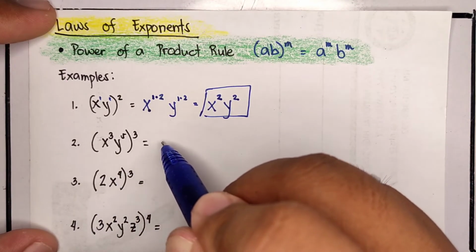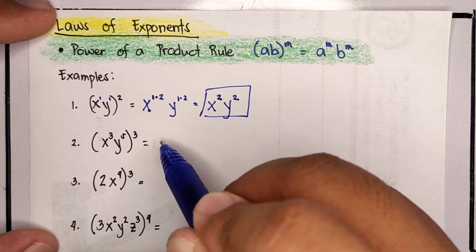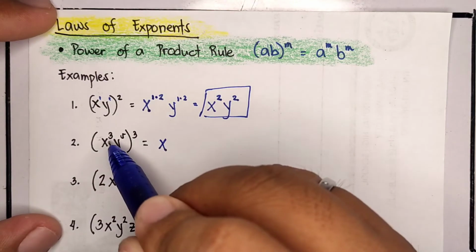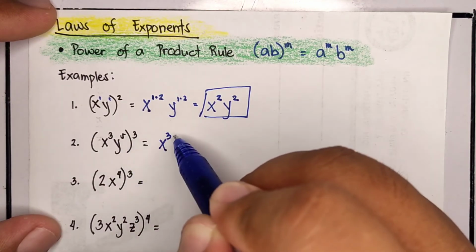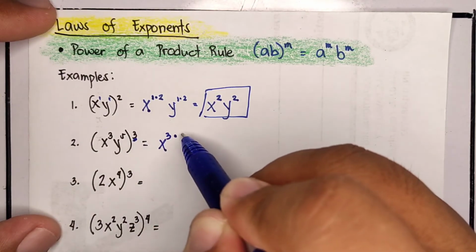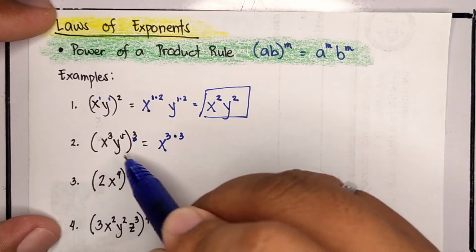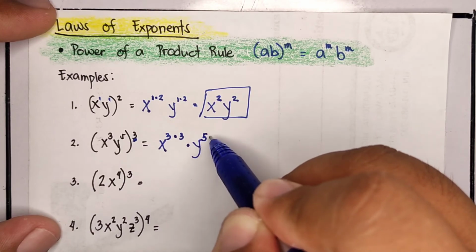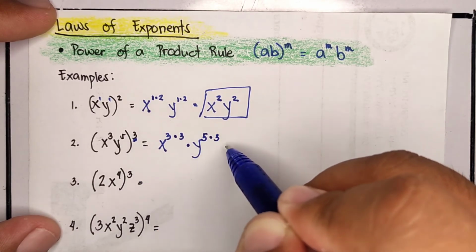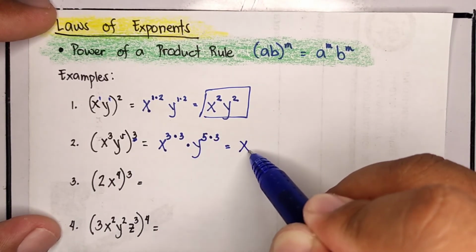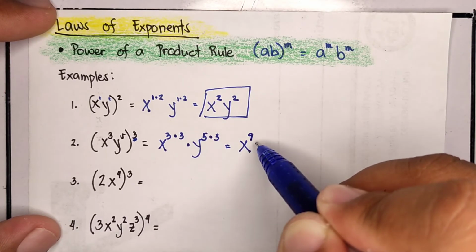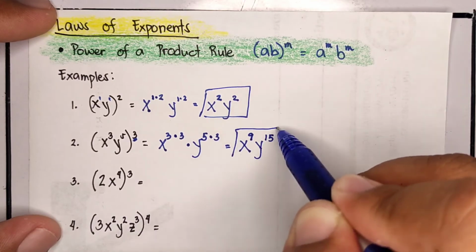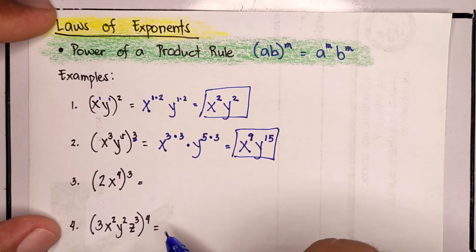Apply the power of a product rule and the power of a power. We have here x, then 3 times the exponent 3. Then you will have here y, the exponent is 5 times 3. Then you will have x raised to the power of 9, then y raised to the power of 15. And this would be our answer.